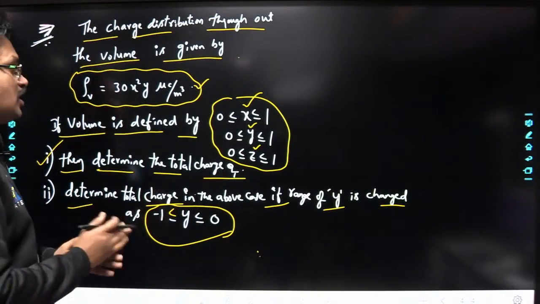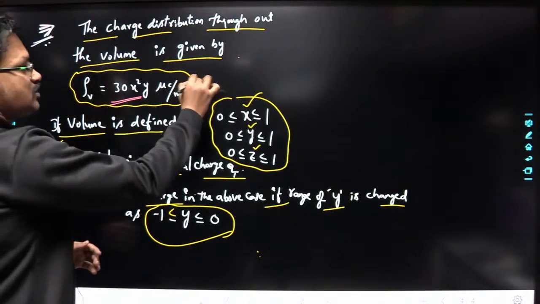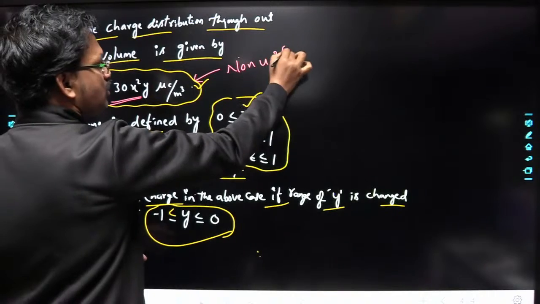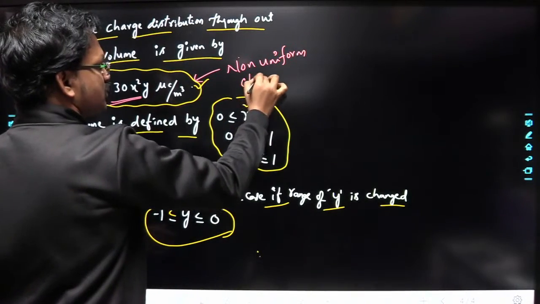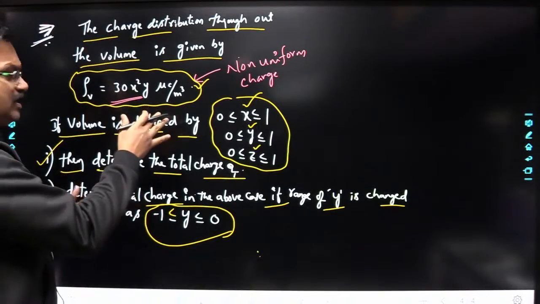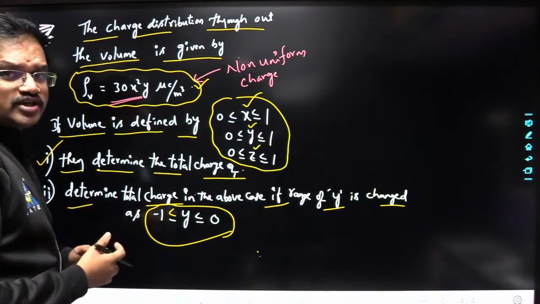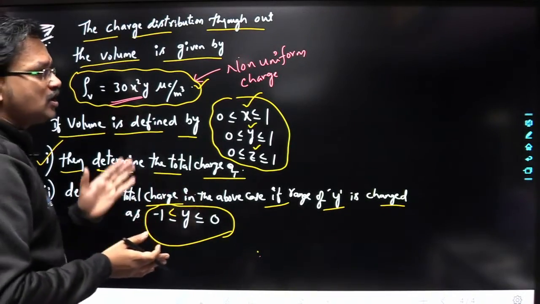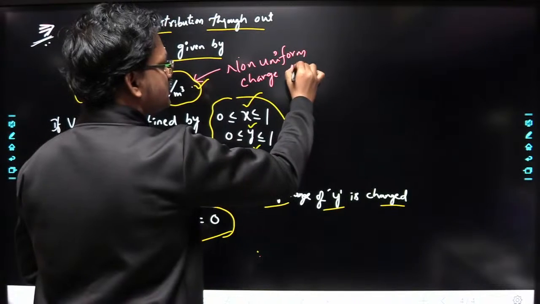Understood? Okay, so is this uniform or non-uniform charge distribution? This is non-uniform charge distribution, because if you vary the values of x and y, the charge distribution is going to change. It is not uniformly distributed.